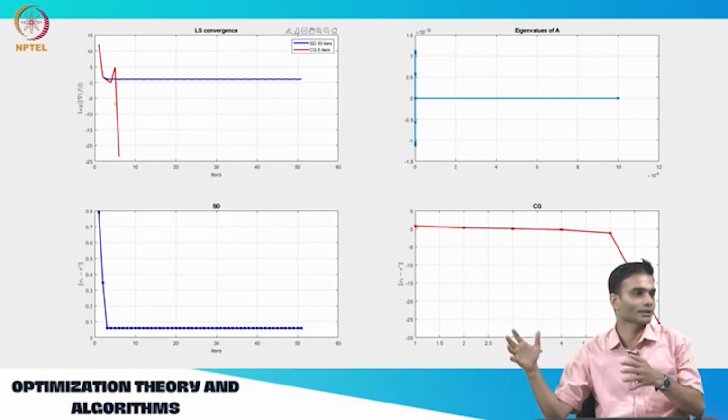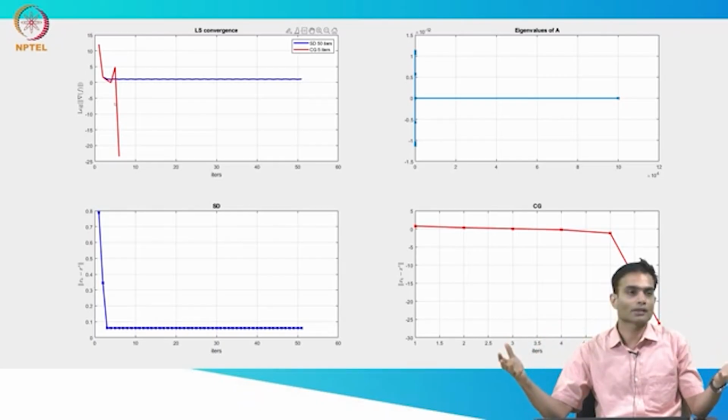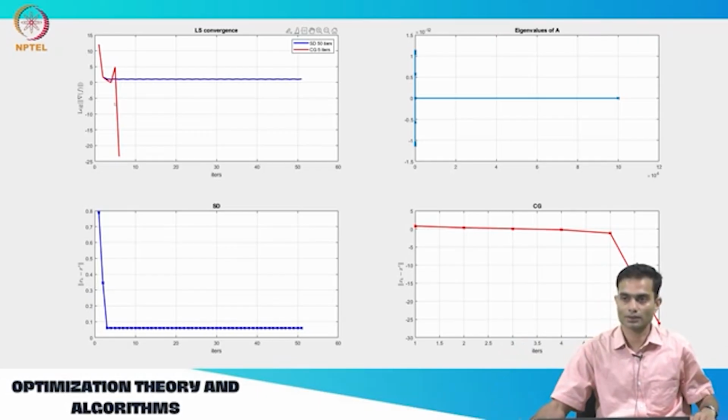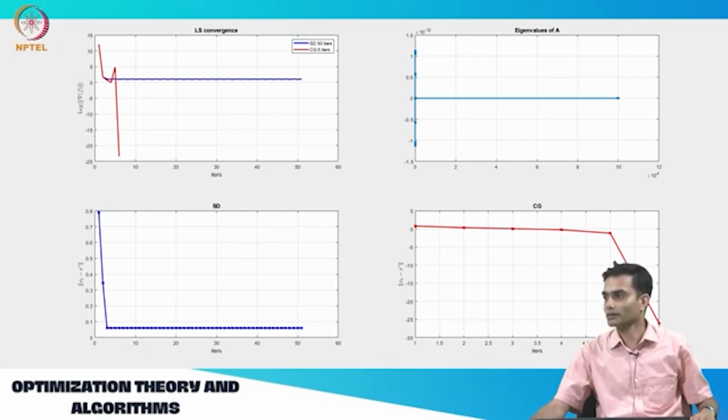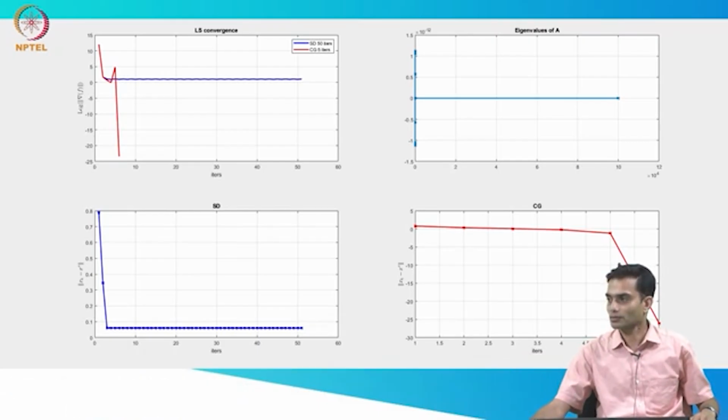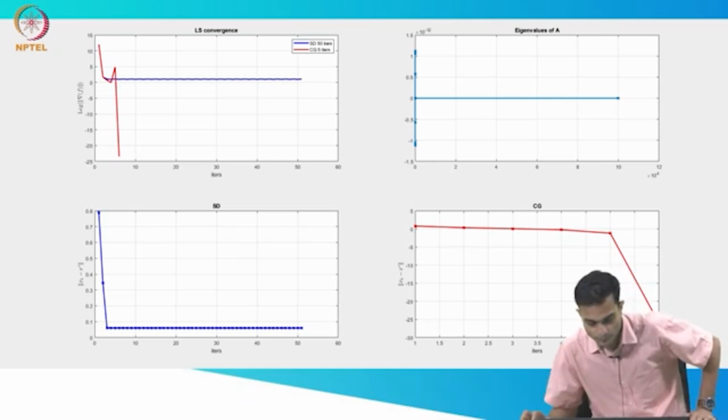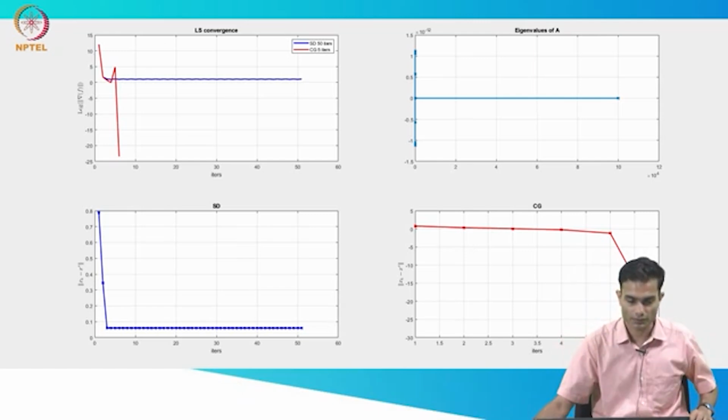So we will come to that next. Any real life implementation of CG, no one would write it the way I did. They would do a preconditioning and then run it. So we'll look at that next. This is purely due to numerical issues. The condition number is what is messing you up.